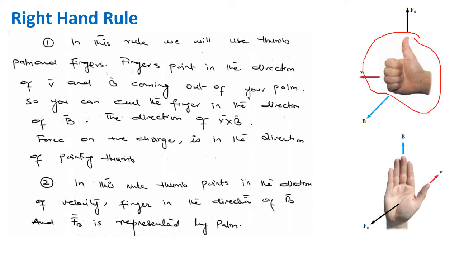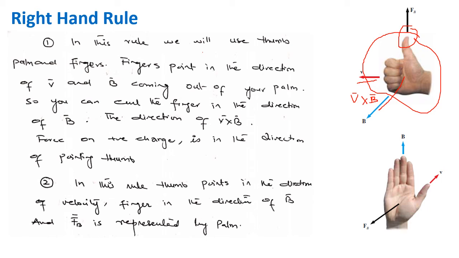Suppose you have your right hand placed in such a way that you open your palm, and you have not made a fist, the fingers will point in the direction of V, and the palm will point in the direction of B. And when you curl the fingers of your right hand, this will give us V cross B. So we will have the direction of V cross B by curling the fingers, and the thumb will point in the direction of force.